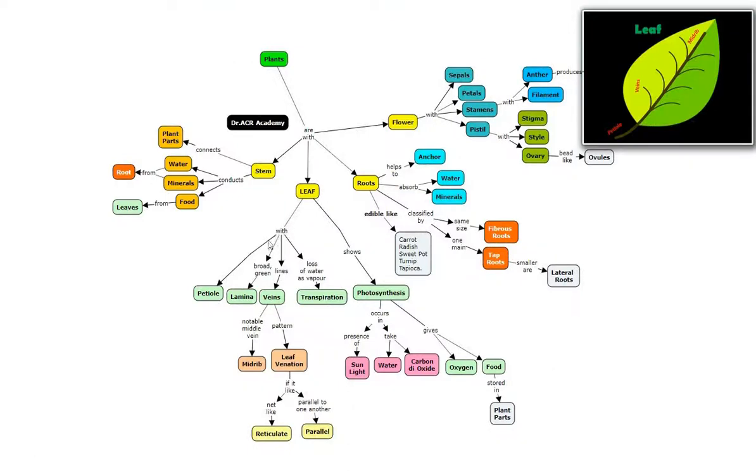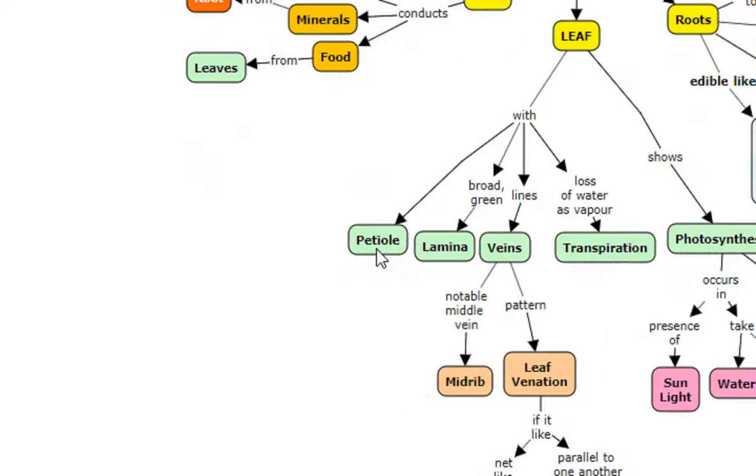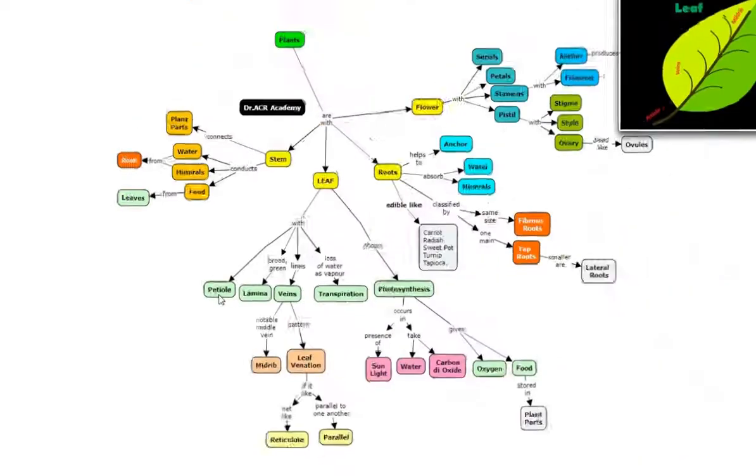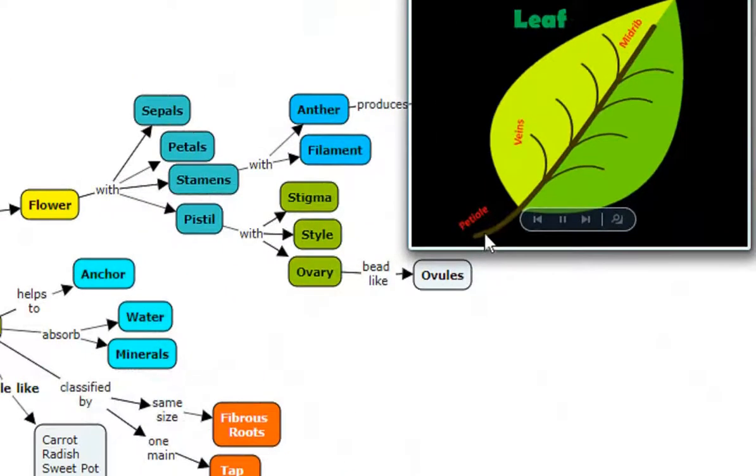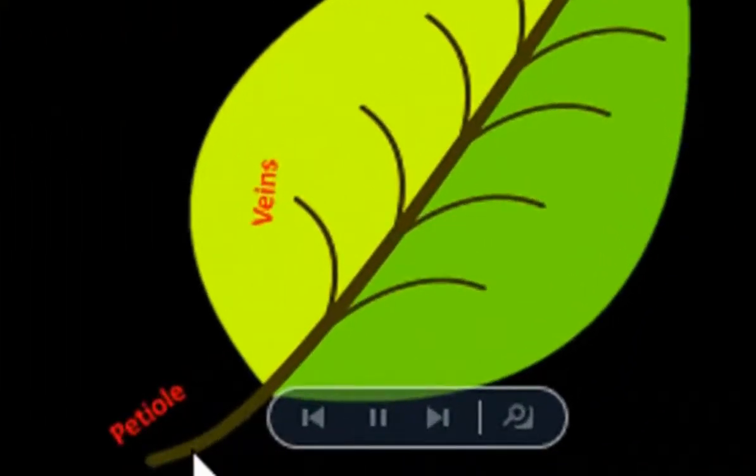Leaf has a petiole, a small structure which connects the leaf to the stem. Here the petiole connects the leaf to the stem.